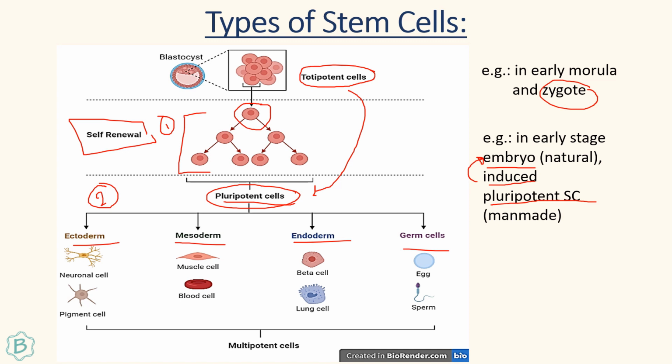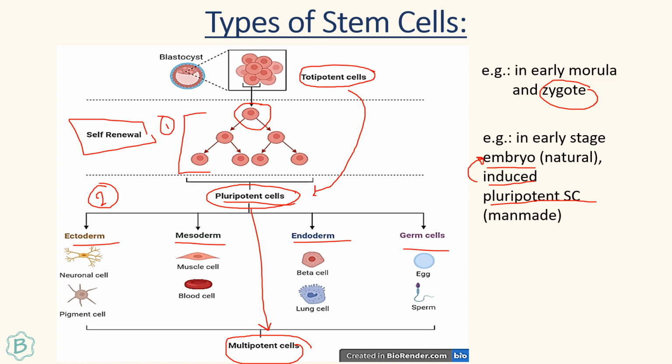Now these pluripotent cells will differentiate and form the third type of stem cell, which is the multipotent stem cells. Compared to the previous two types of stem cells that we have just seen, multipotent cells have a very low potency.